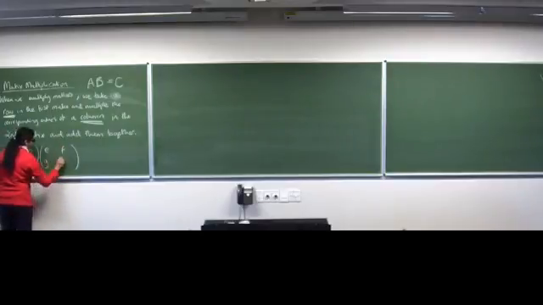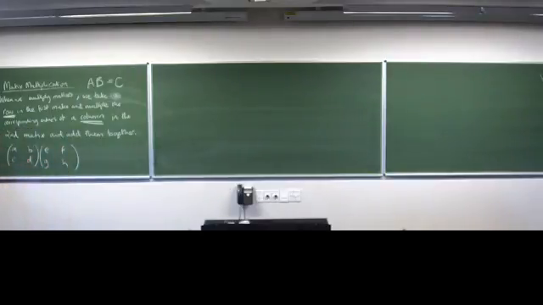So basically, in general, this is a simple example. If we have A, B, C, D, E, F, G, H, two matrices that we are multiplying together.